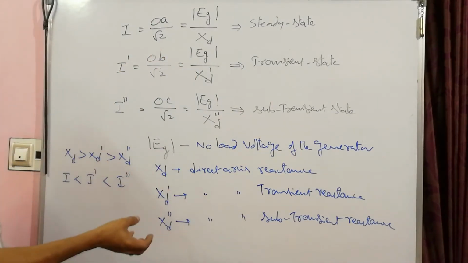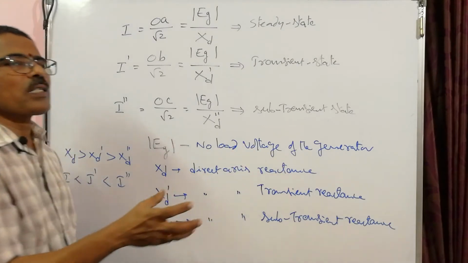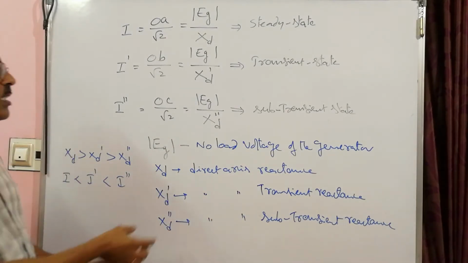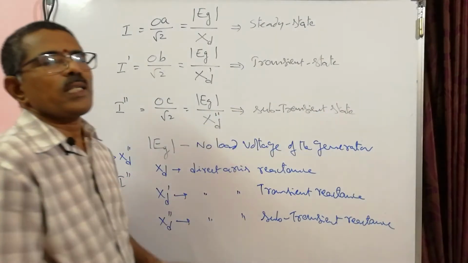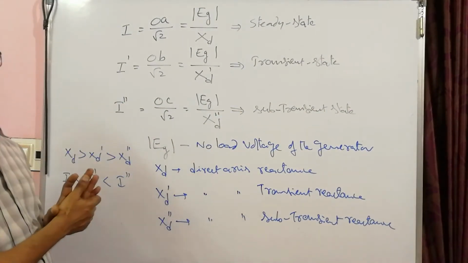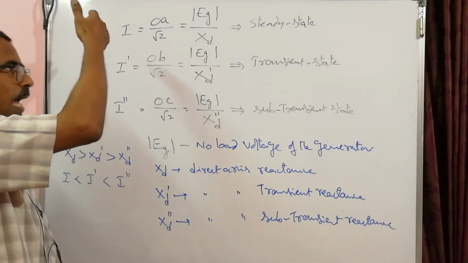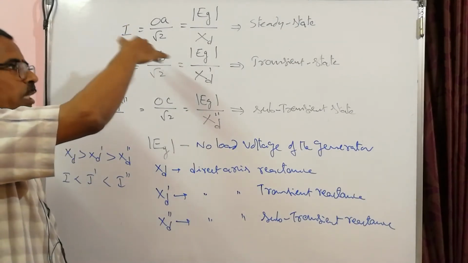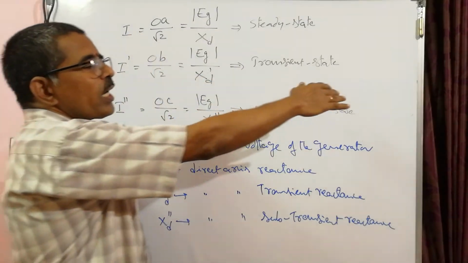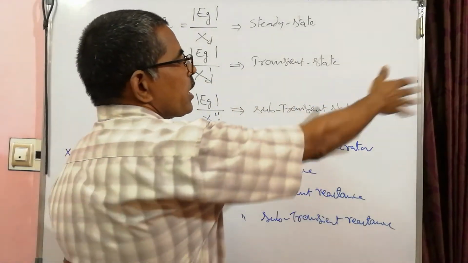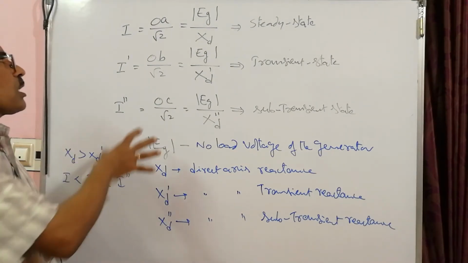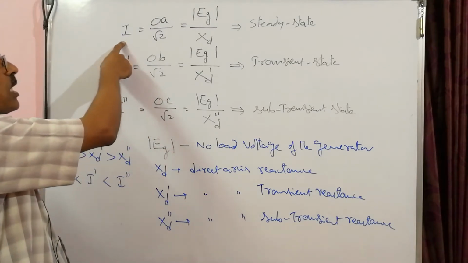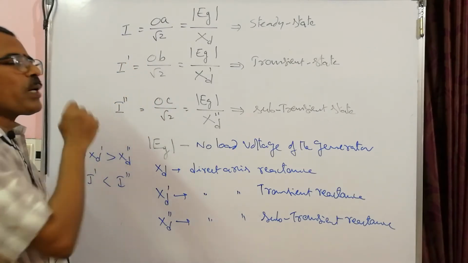And after a few more cycles, the same machine offers a higher value of reactance, that is the actual XD, thereby the current further decreases. So the decrement of current is rapid during the first region, moderate during the second region, and stable during the final region. Okay. So that is what you can observe, the three currents: steady state current, transient current, subtransient current.